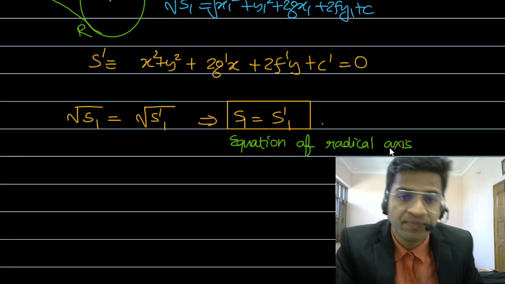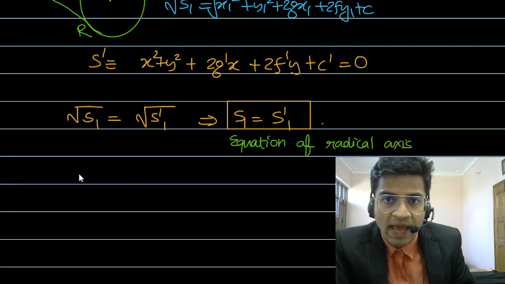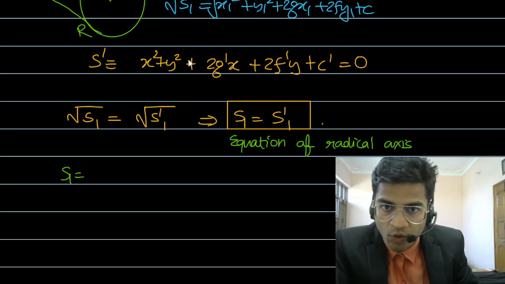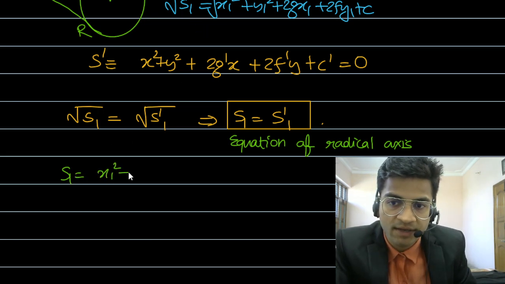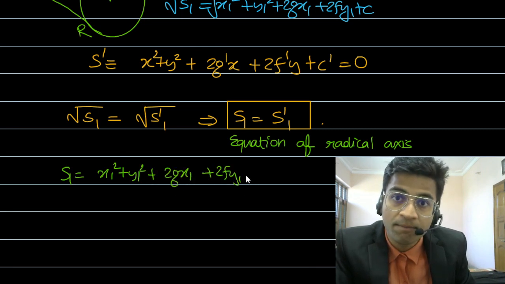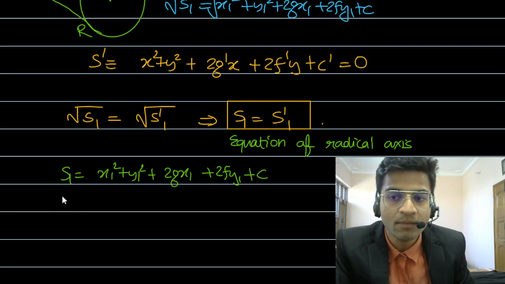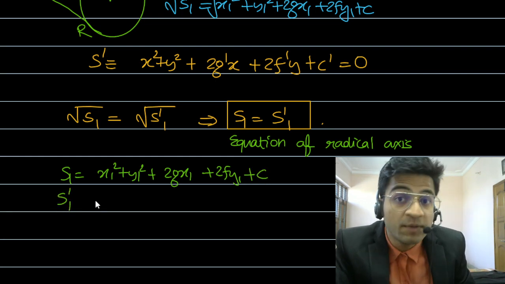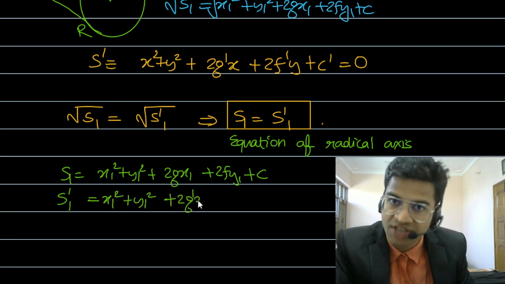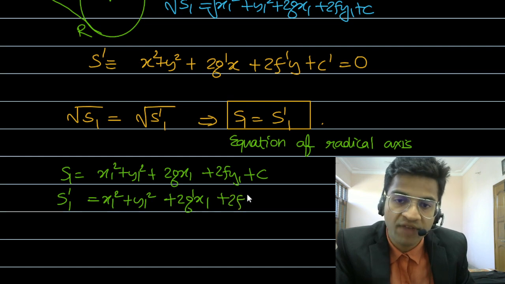How can I say this? S1 was equal to x1 square plus y1 square plus 2gx1 plus 2fy1 plus c. S dash 1 will be equal to x1 square plus y1 square plus 2g dash x1 plus 2f dash y1 plus c dash.